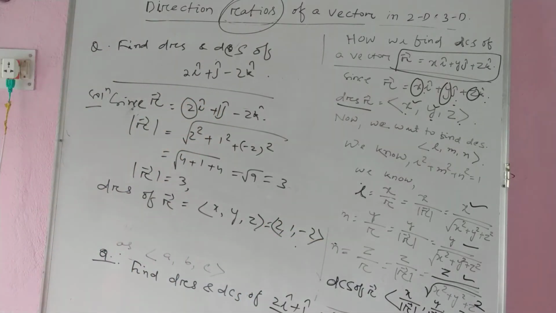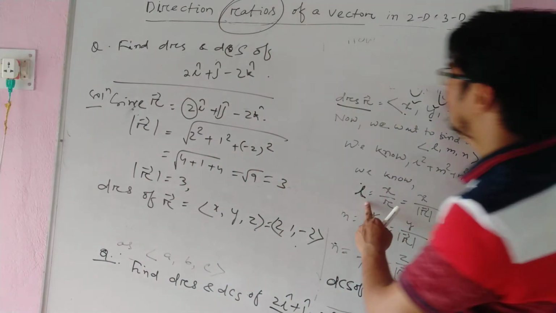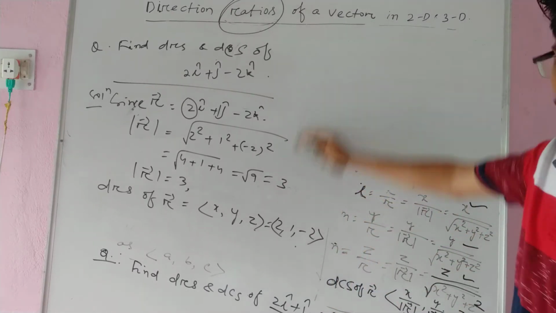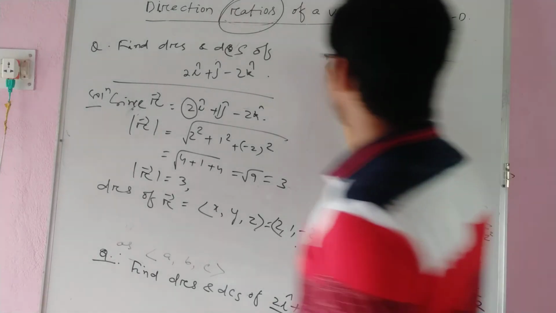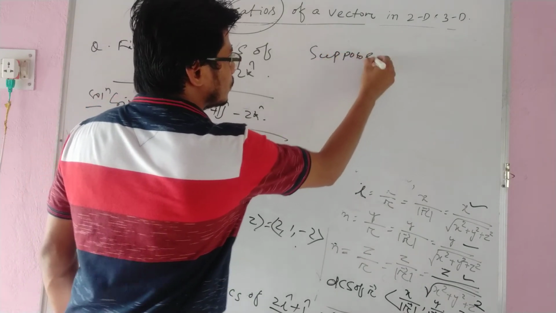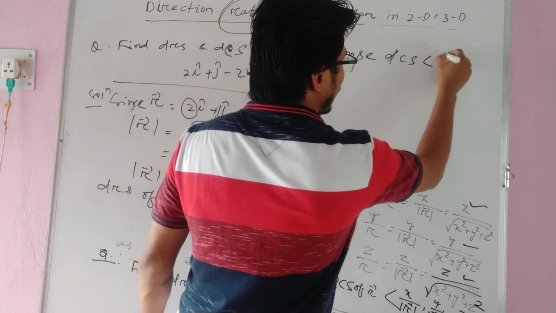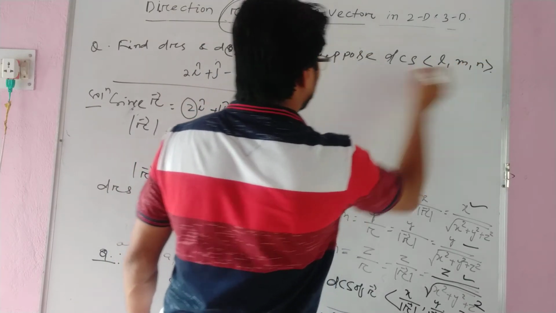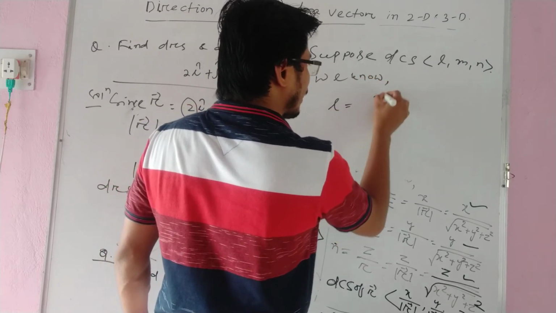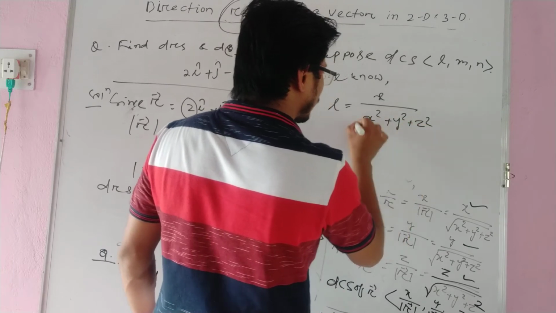Now how do we find DCS? Using this formula, DCS is l, m, n. We know l is equal to x upon the square root of x square plus y square plus z square.